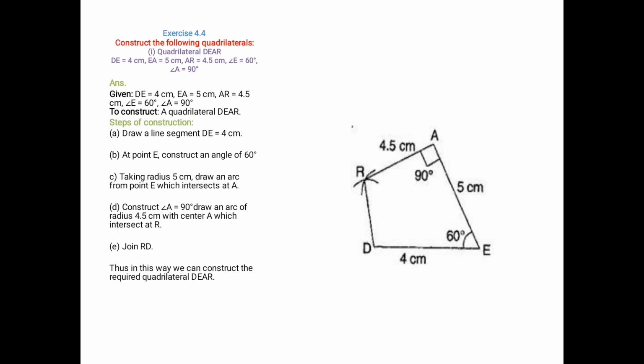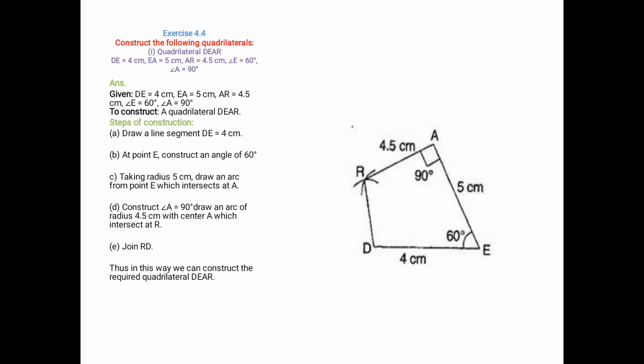Well, we will have to follow the following steps of construction in order to construct the required quadrilateral DEAR. Here draw a line segment DE of 4 cm. Now at point E construct an angle of 60 degrees.